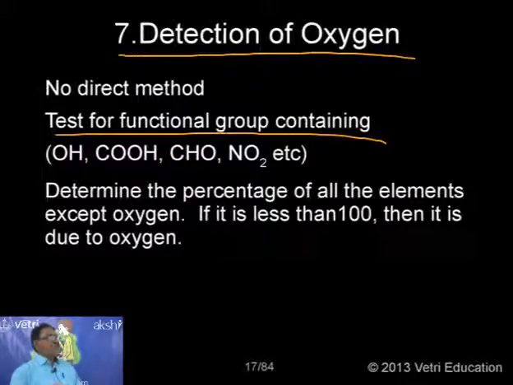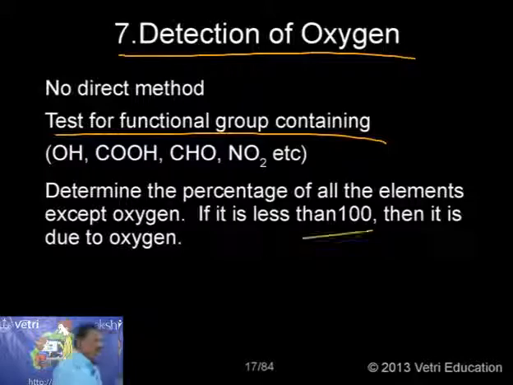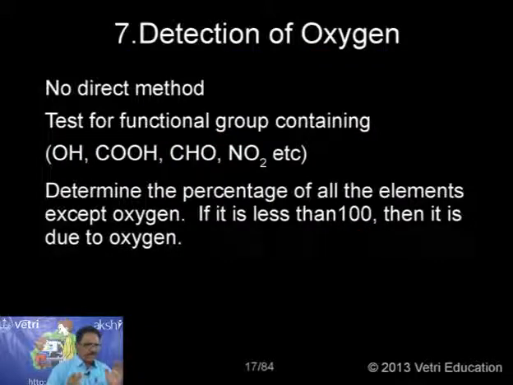Another way, when we discuss estimation under percentage determination, if you add all the element percentages and the total is less than 100, then we conclude there is oxygen. So these are the ways we detect the presence of oxygen. Can you follow? This is the way we have to detect the presence of elements.